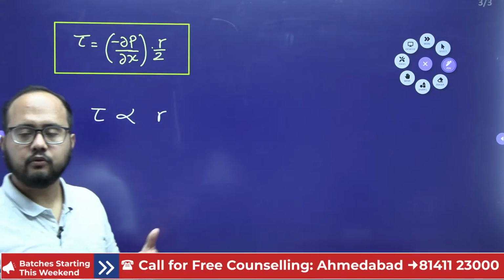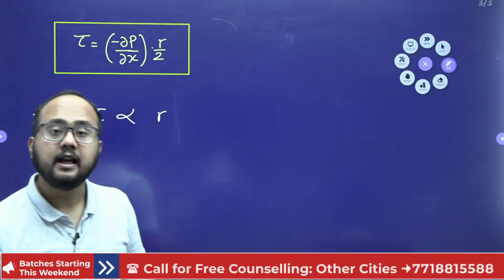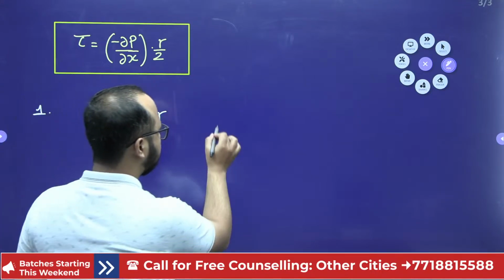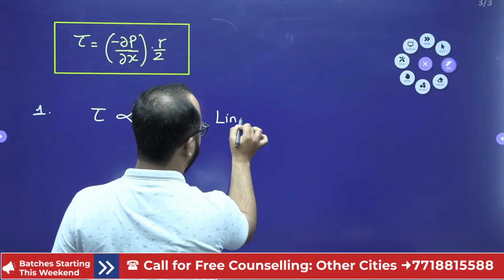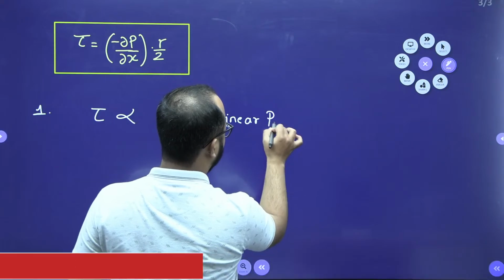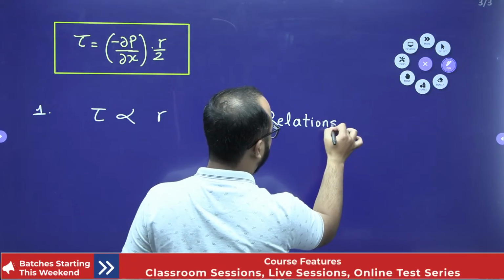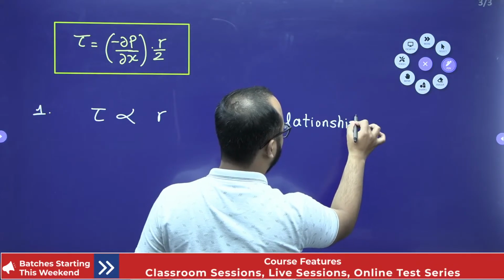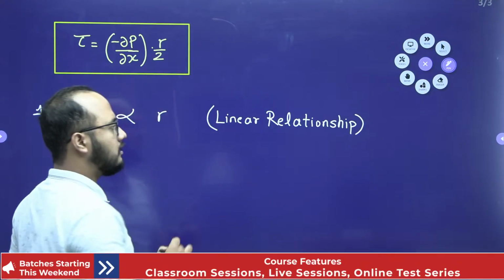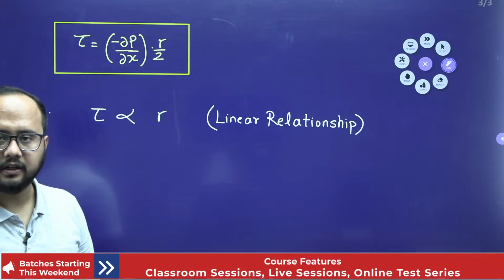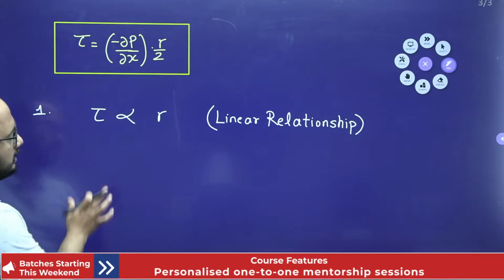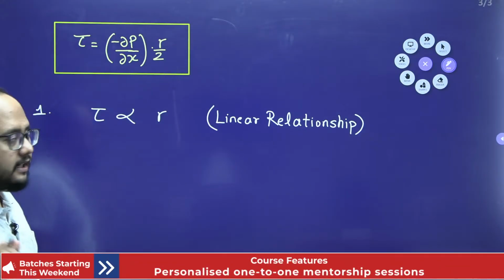So what kind of relationship is it? A linear relationship with the radius r. Clear everyone? τ proportional to r is a linear relationship.